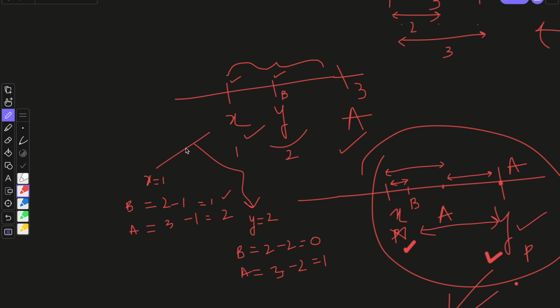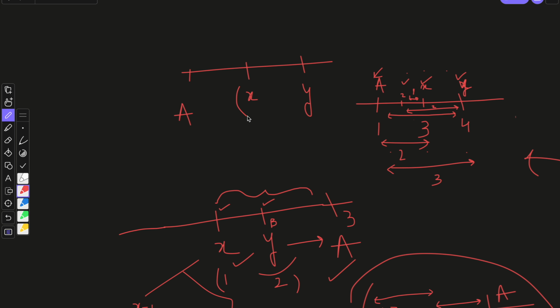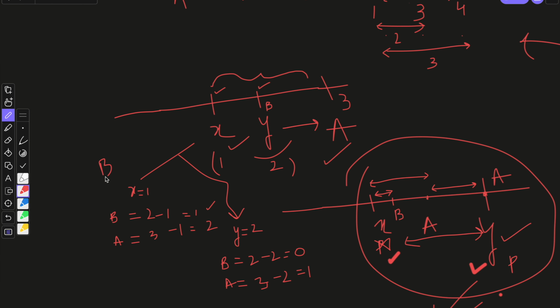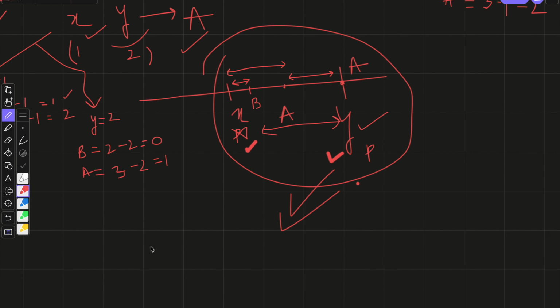Okay, so what we have to keep in mind is, if Alice's position is greater than the maximum of x or y, or it is less than the minimum of x or y, which is on the left hand side and this is on the right hand side, that means that Bob is going to win.